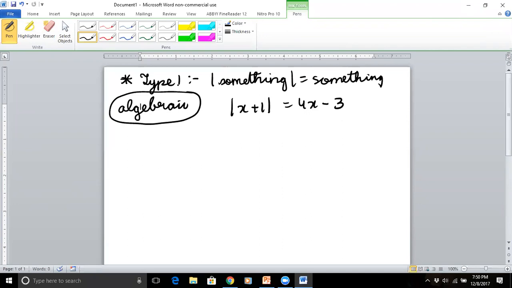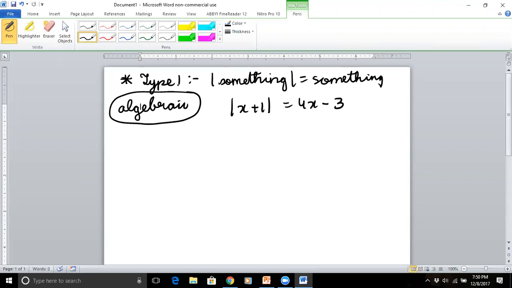That would be a very, very bad strategy to go with. It's always better to juggle between the procedures of working. There are some cases where the algebraic approach would make sense. There are some cases where the number line approach would make sense. So when you deal with a question of type 1, when you have mod of something equal to something, it always makes sense to go with the algebraic approach of the mod.